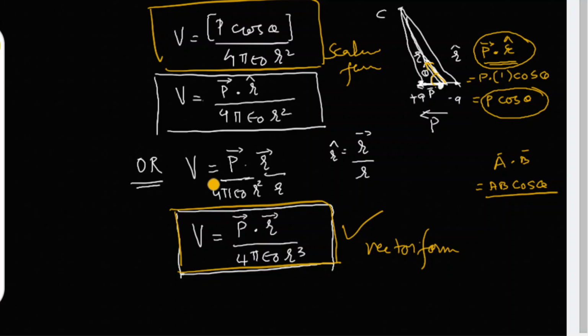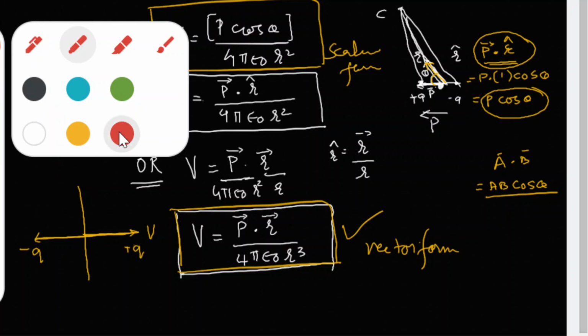So if we'll see here, let us consider this is the coordinate. Suppose here I am taking this theta, towards the positive charge I am taking, and here the minus q charge I am taking. So the p is directed here from negative to positive. The potential V is maximum here at this point, okay.